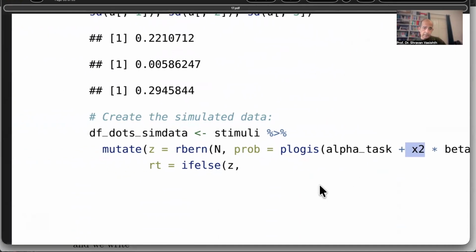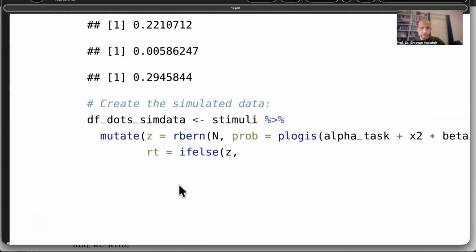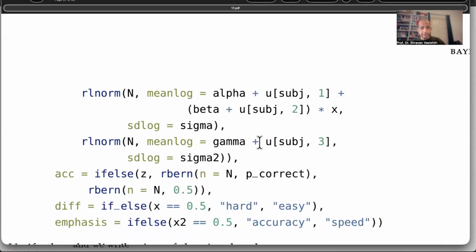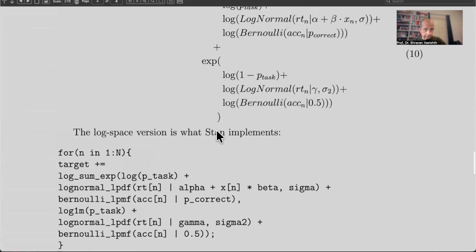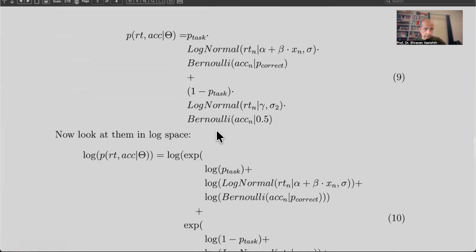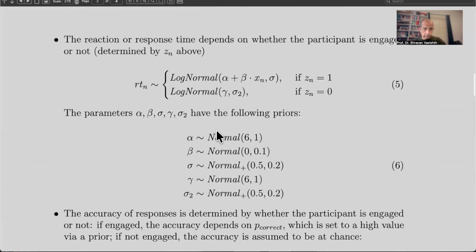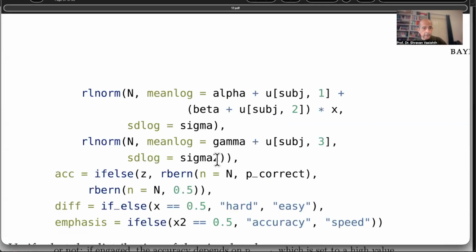The reaction times or response times are produced in terms of whether the z value is 1 or 0, just like in the mathematical model. So we are just implementing the mathematical specification I showed you earlier. This part is being implemented here.